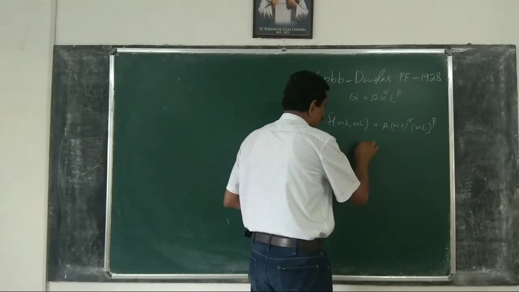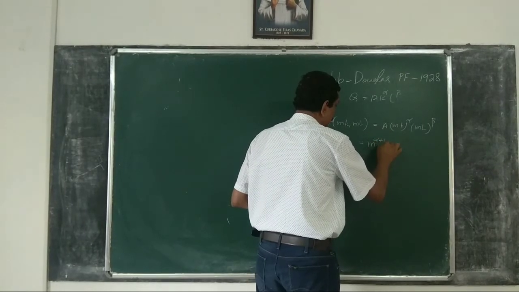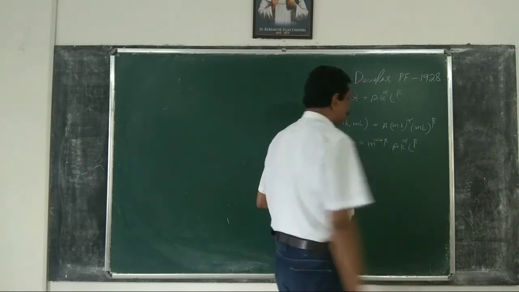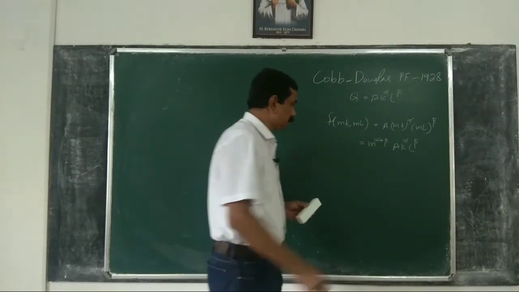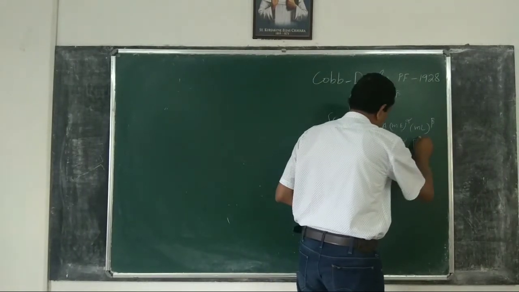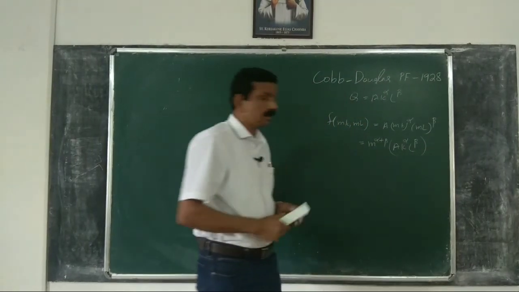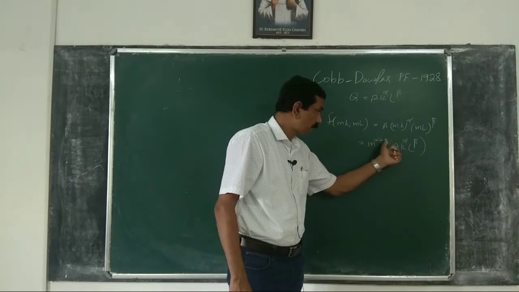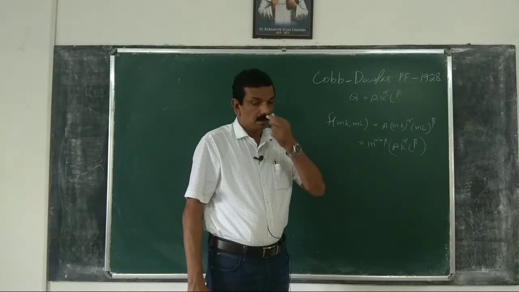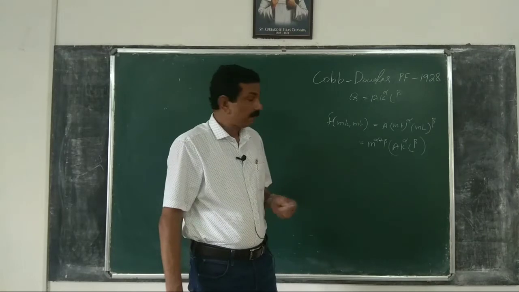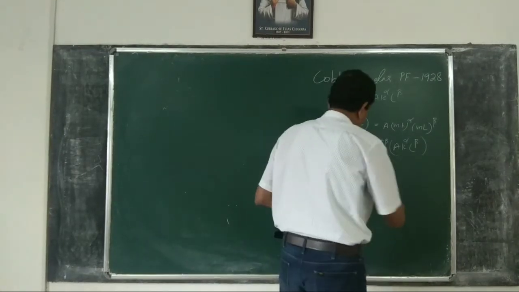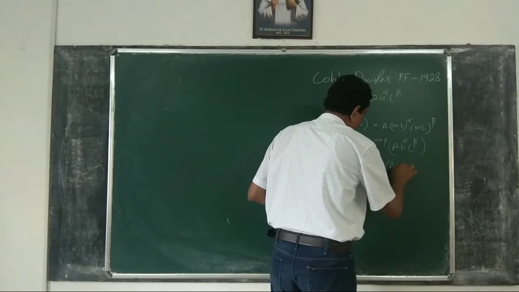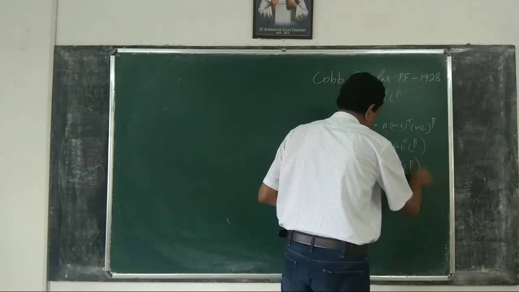This becomes m raised to alpha plus beta a K raised to alpha L raised to beta. So the first point is that the production function is homogeneous of degree alpha plus beta. And if alpha plus beta is equal to 1, it becomes m into a K raised to alpha L raised to beta.